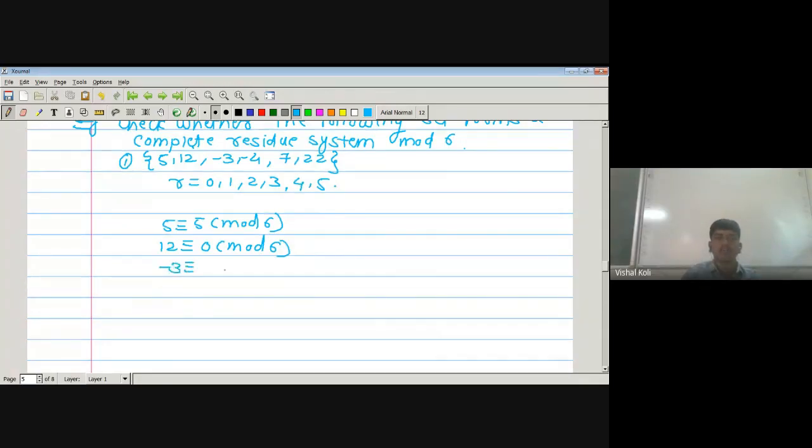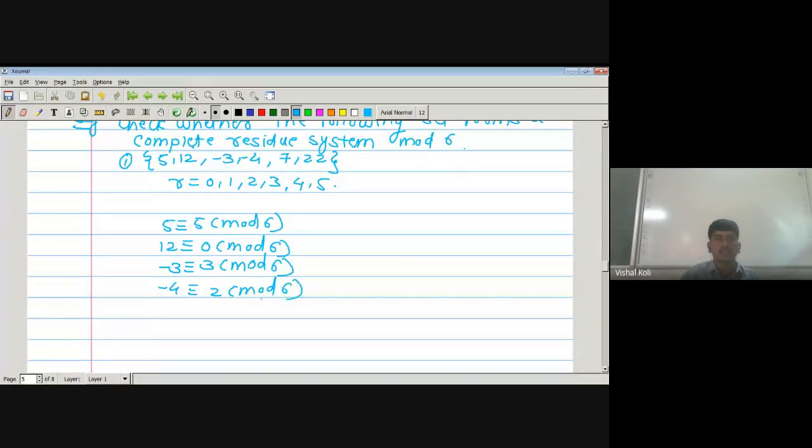Now next one is minus 3. Minus 3 is congruent to plus 3 modulo 6, since minus 3 minus 3 is minus 6. Again minus 4 is congruent to 2 modulo 6.